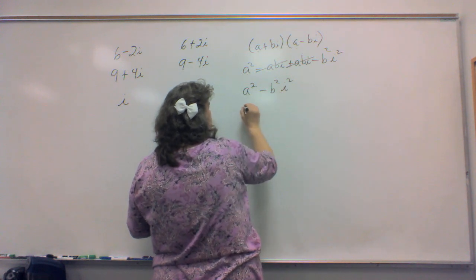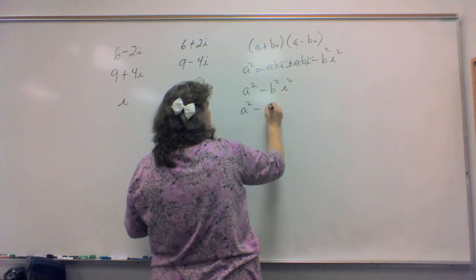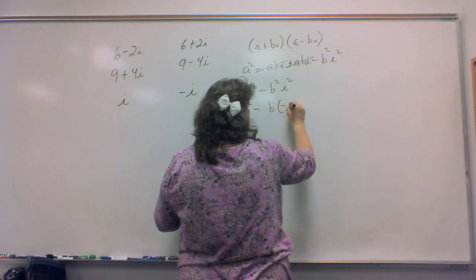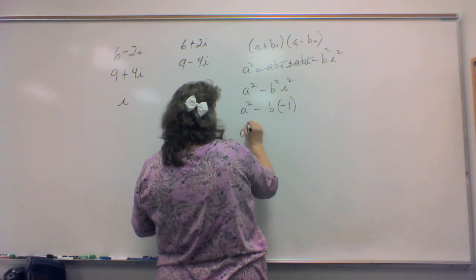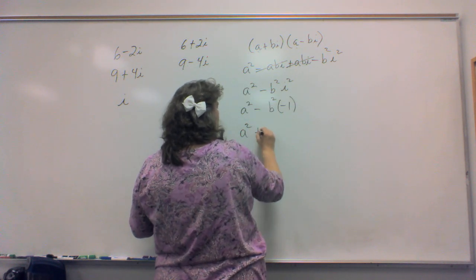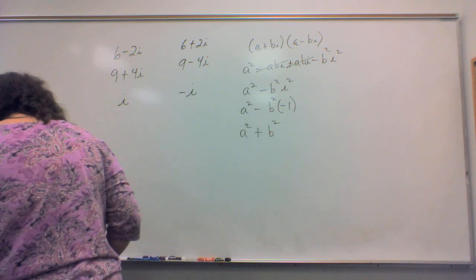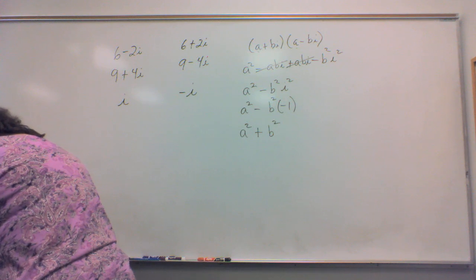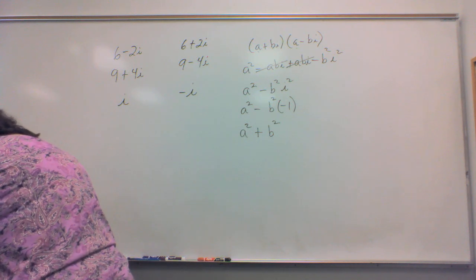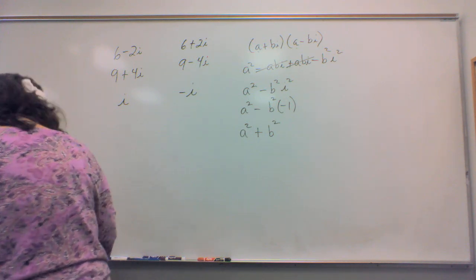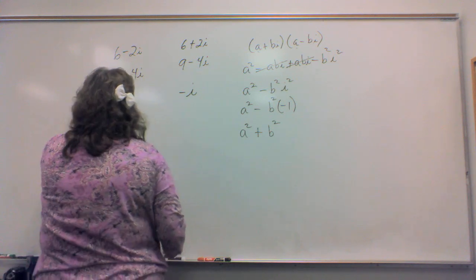And i squared is negative 1, so a squared minus b squared times negative 1 gives you a squared plus b squared. So now let's look at examples of this.